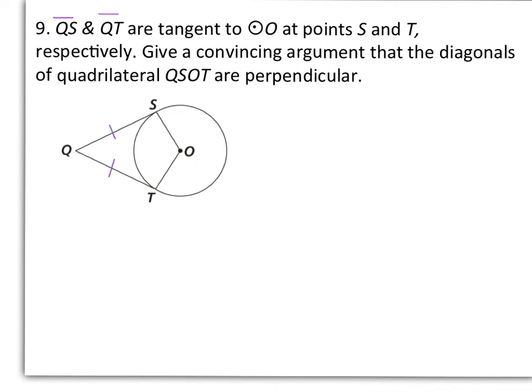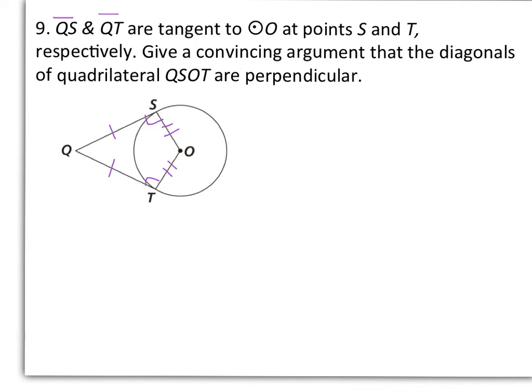So we know that side QS is congruent to side QT. We also know that we have right angles at angle S and angle T because the lines are tangent at those points on the circle. And we also know that SO is congruent to TO because they are both radii in the circle.